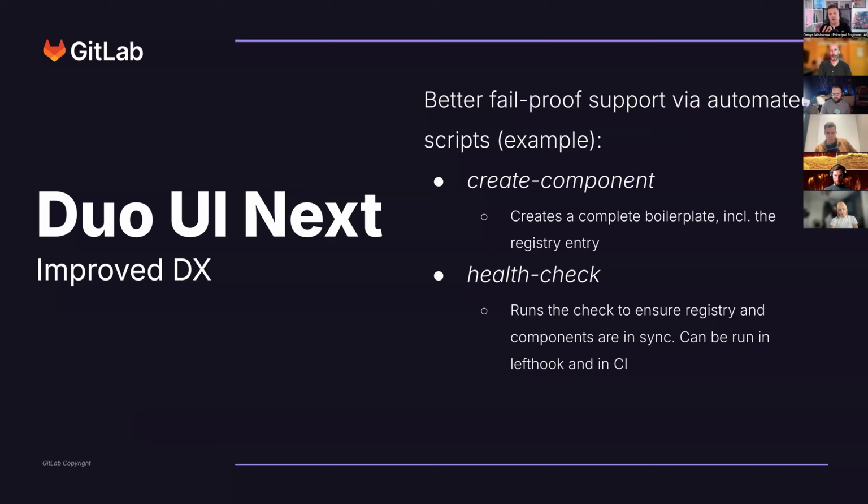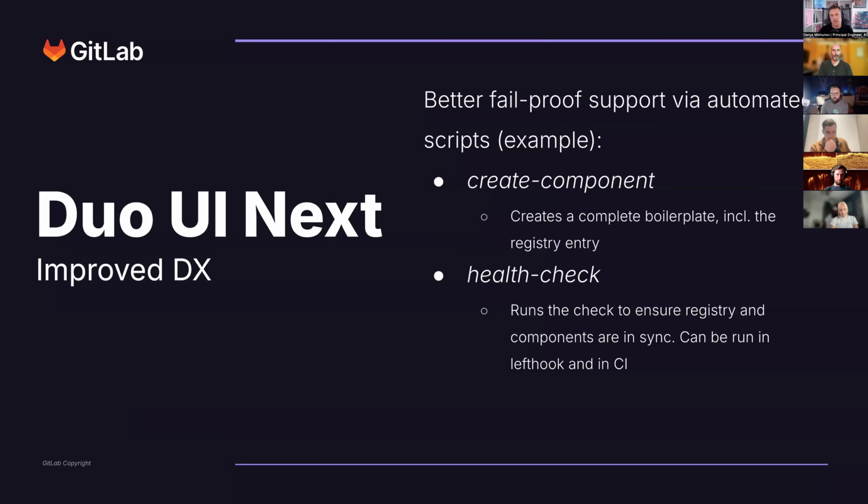But then another script that I'm working on is health check. So it explicitly checks and ensures that the registry, the Shadcn registry that we built for Duo UI, and the actual components that we have, they match and they have proper development dependencies, proper registry dependencies. We will talk about this in a bit.